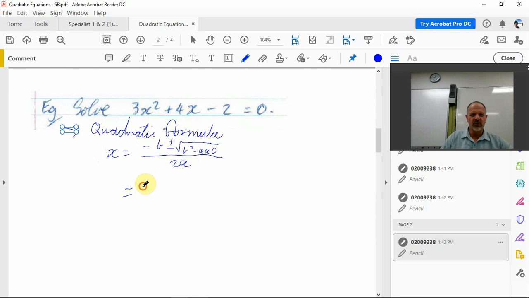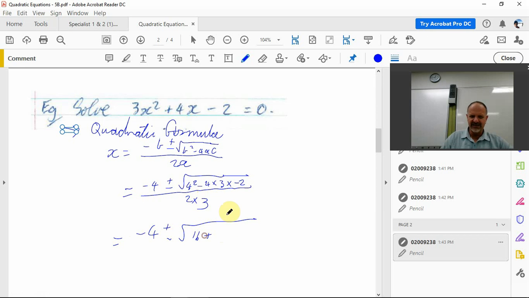So b is 4: negative 4 plus or minus the square root of 4 squared minus 4 times a, which is 3, times c, which is minus 2, all over 2 times 3. And so minus 4 plus or minus the square root of 16 plus 3 4s are 12 times 2 is 24, over 6.